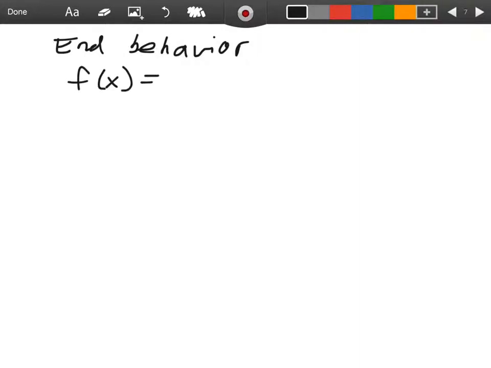Okay, and the last thing we need to talk about is end behavior. Given a polynomial in standard form, to determine the end behavior, we only need to look at the lead coefficient here.